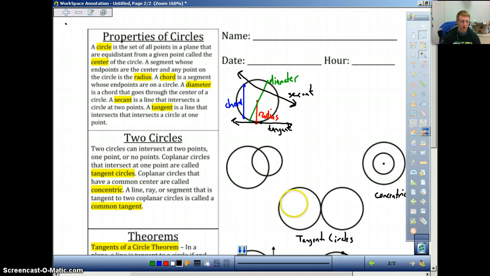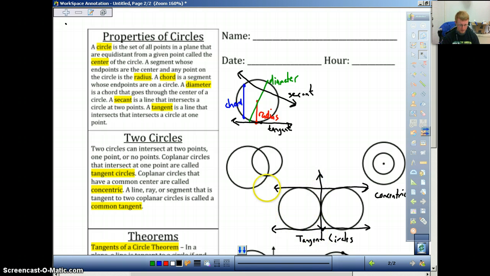Let's talk about the common tangent. On our tangent circles here, a common tangent is a tangent line that will be tangent to both circles. So we have one right there, we have one right there, and we actually have one right down the middle as well. I know these aren't straight lines, but I think you guys get the idea.